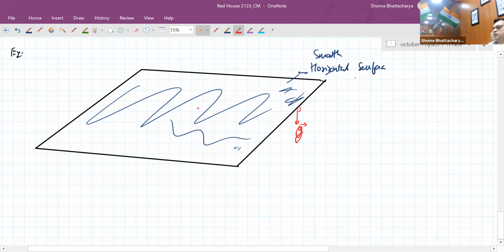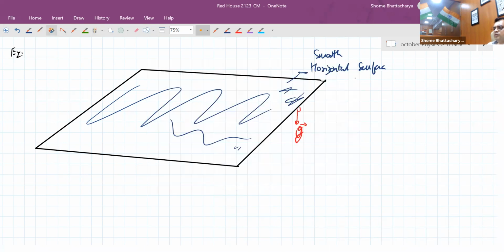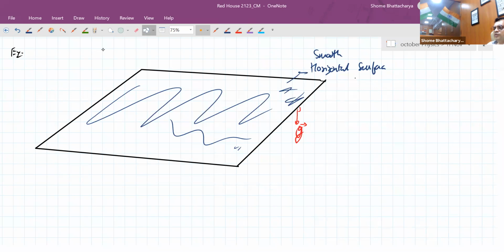Okay. Now what we do here is we take a thread of a certain length and we attach one end of the thread to something like a small peg on the table, so it can rotate freely about that. Okay, and the other end of the thread is attached to a particle.